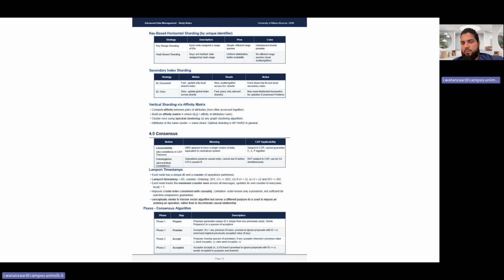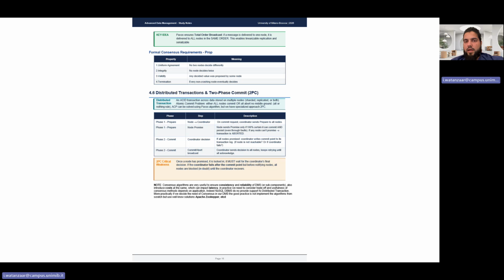We discussed that it works like the version vector, but the difference is that rather than discriminating the causal relationship, it only imposes an ordering on operations. That was the main difference. We also discussed the Paxos consensus algorithm; maybe we can use this one. And lastly, we understood the formal consensus requirements and properties: uniform agreement, integrity, validity, and termination. These should be predefined.